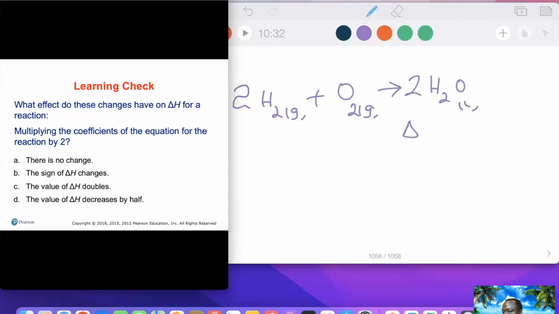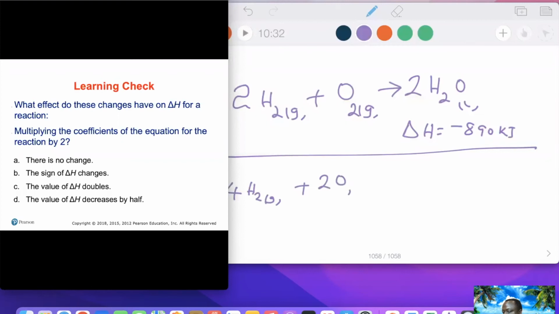Let's say the enthalpy for the reaction here is negative 890 kilojoules, the one we were given. If we multiply by 2, that means 4 moles of hydrogen gas plus 2 moles of oxygen gas going to 4 moles of liquid H2O.